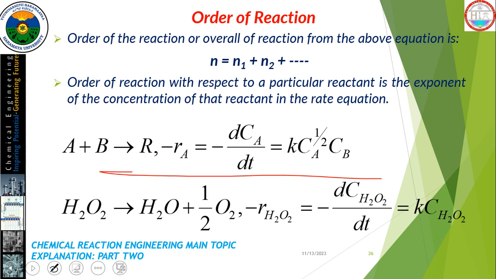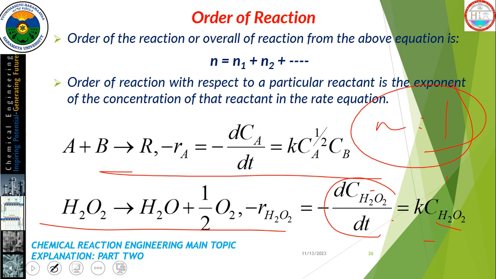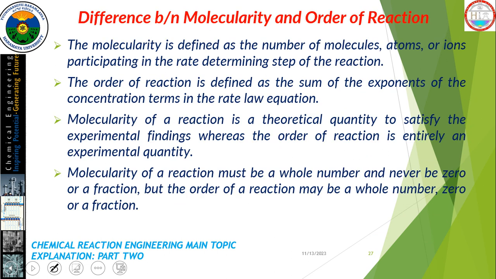The same is true for the decomposition of hydrogen peroxide into water and oxygen. The rate with respect to hydrogen peroxide, minus rA, equals k times its concentration to the power of 1. So the overall order of the reaction is 1, or what we call a first order reaction.